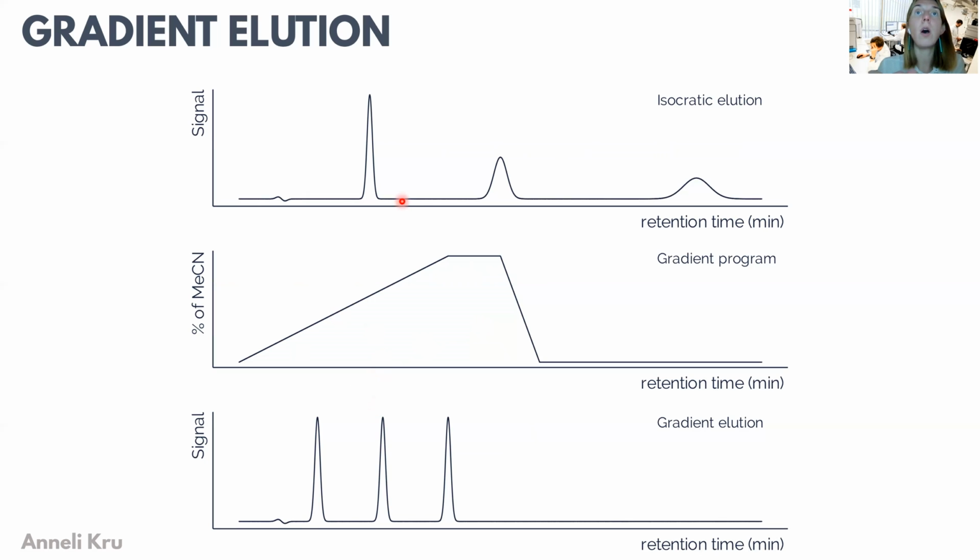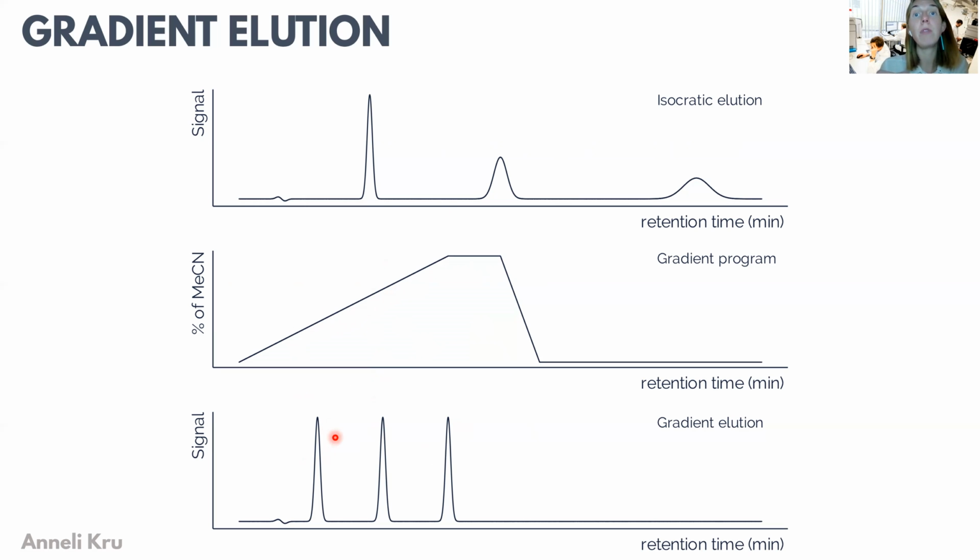So the time of these peaks coming out from the column is here becoming much shorter, because we speed up the elution of each of these peaks by constantly increasing the eluting power of our mobile phase. And also we see now 3 sharp peaks of almost equal width.